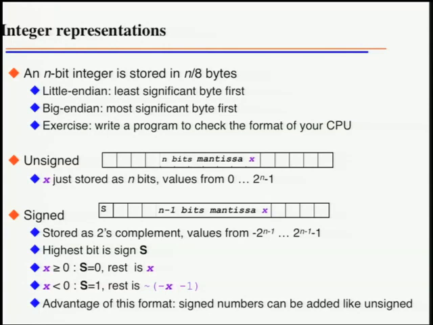For positive numbers, the sign bit is 0, and the rest is the actual number in binary format. For negative numbers, as was already explained in the last lecture, the rest is stored in the 2's complement format. You could come up with different conventions for how to store negative numbers. The advantage of this 2's complement is that the same adding unit in your CPU works for signed and unsigned types.